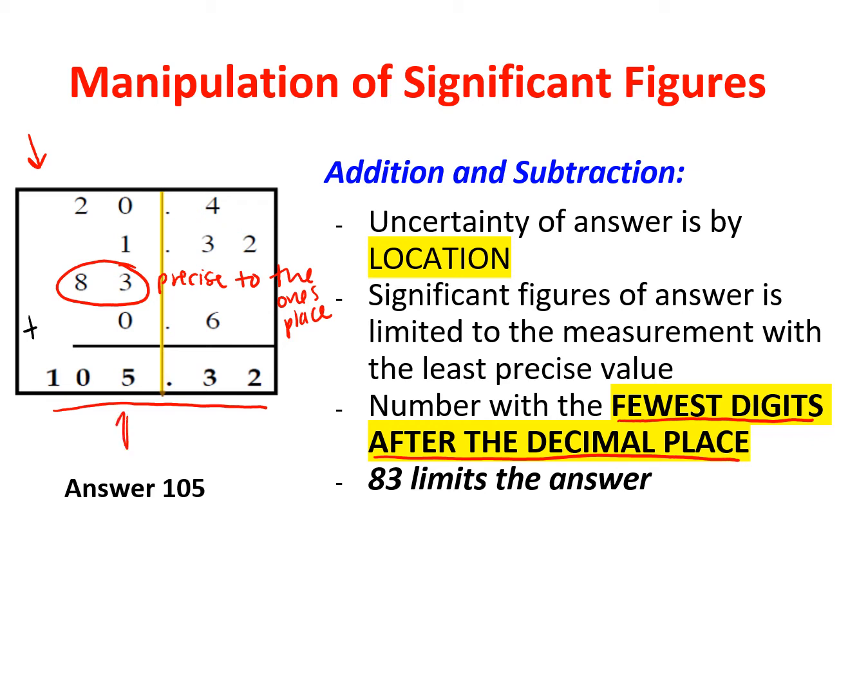We're rounding to the ones place, so we have to take a look at the digit next to the ones place to see if it's going to cause that 5 to round up or stay the same. Remember, if it's 5 or above, give it a shove. So if it's 5, 6, 7, 8, or 9, it would cause that to round up. If it's 4 or below, let it go. So if it's 4, 3, 2, or 1, or 0, then it's going to stay the same. So that's how we get our final answer of 105.